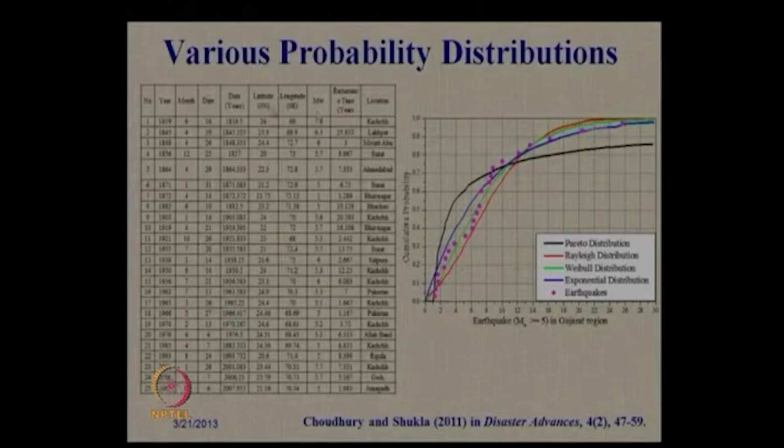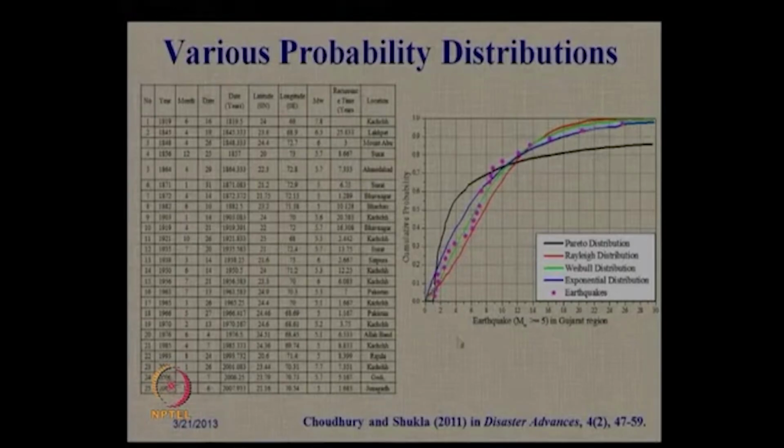Where these earthquakes occurred, their latitude and longitude, and recurrence time in years, we can easily find out using the Gutenberg-Richter relationship. Okay? And in terms of location, we have found out whether it is the Kutch region, or whether it comes to the Saurashtra region; that identification we also did.